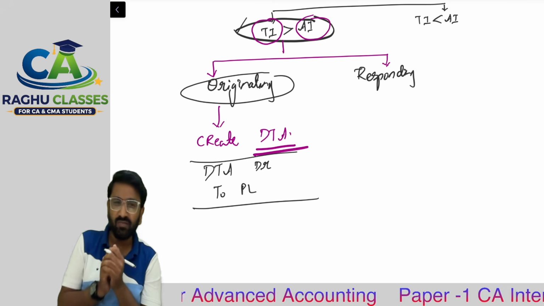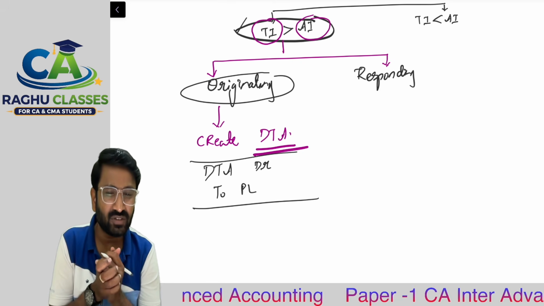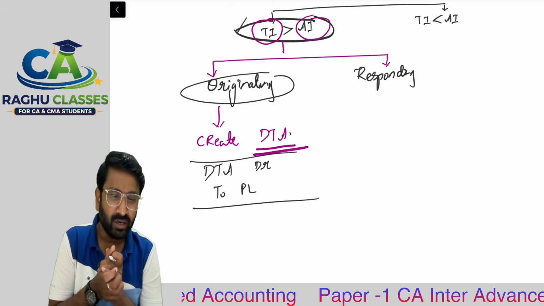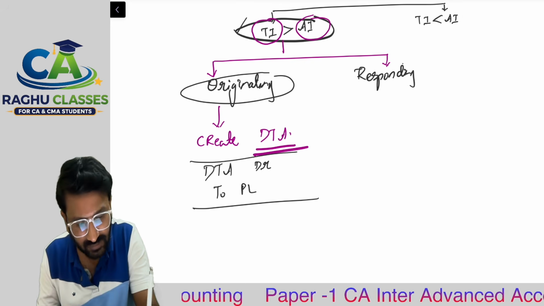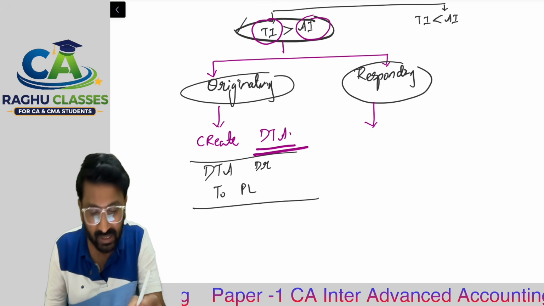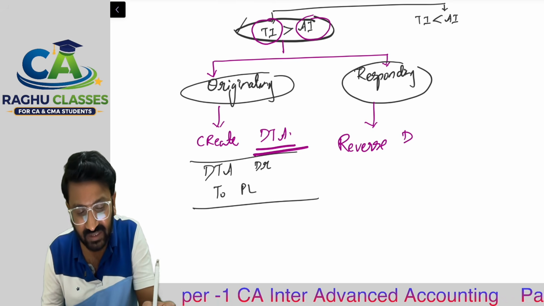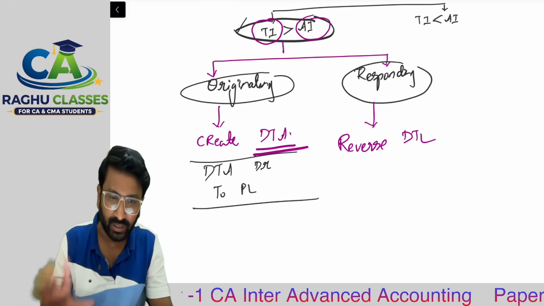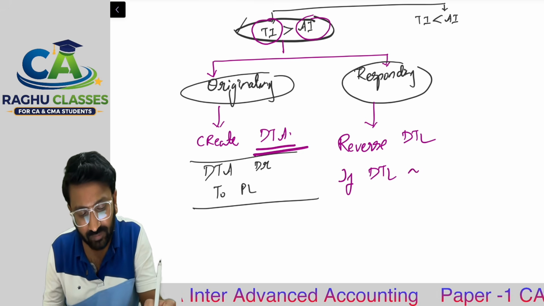Similarly, if the difference is a reversing difference, when I say reversing, it means the difference is not arising for the first time. It's only getting reversed in the later years. If it is a reversing difference, then you need to see if there is a DTL. If there is a DTL, reverse the deferred tax liability, if possible.